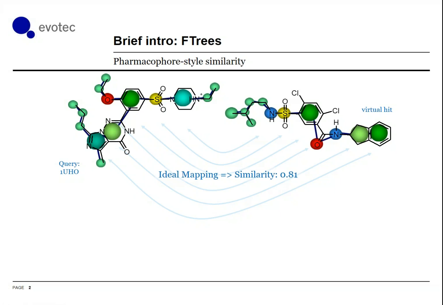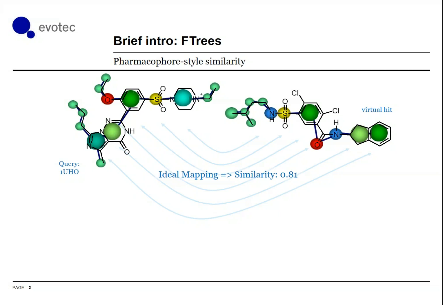So as a user, if you compare these 2 molecules, all of what I said happens behind the scenes. The molecule is represented with this descriptor, the mapping is calculated, and from all the mappings, the best similarity value, namely 0.81, is reported back to you as a user.